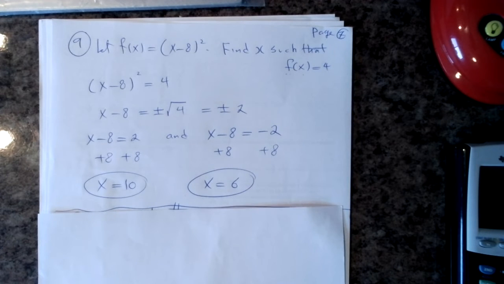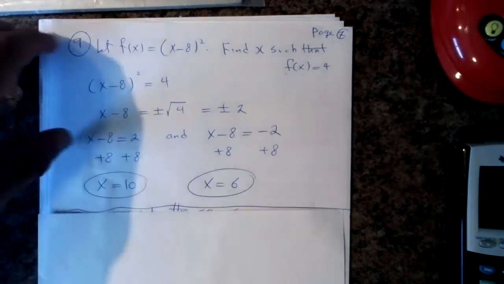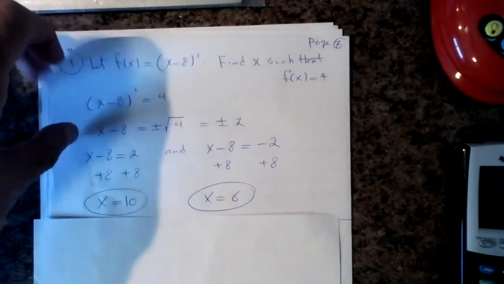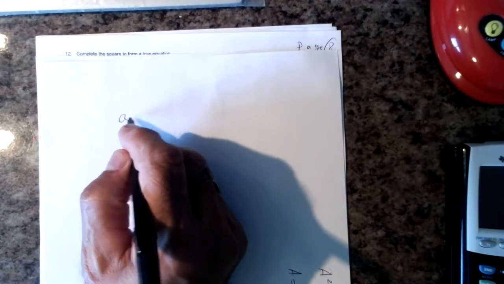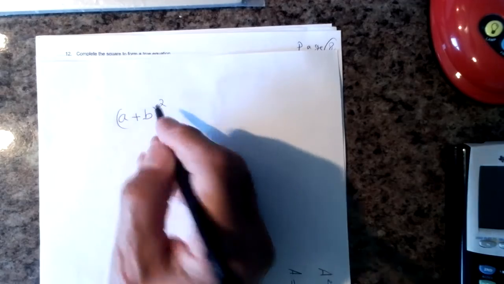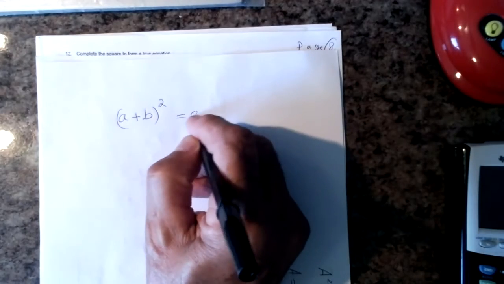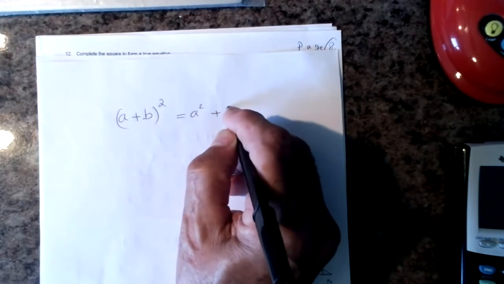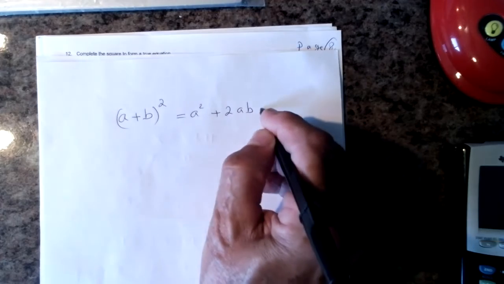The next subject is completing the square, they call it. We have a formula in algebra that a plus b to the power of 2 is a to the power of 2 plus twice a times b plus b squared.